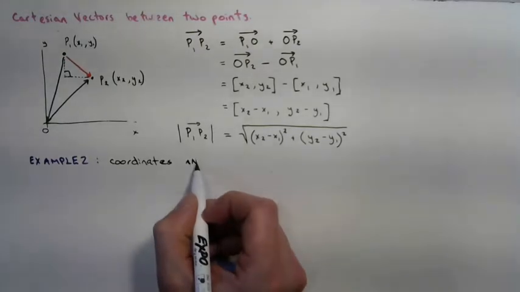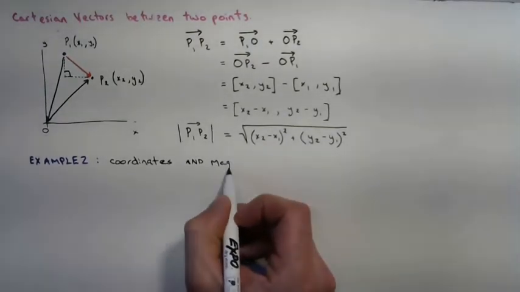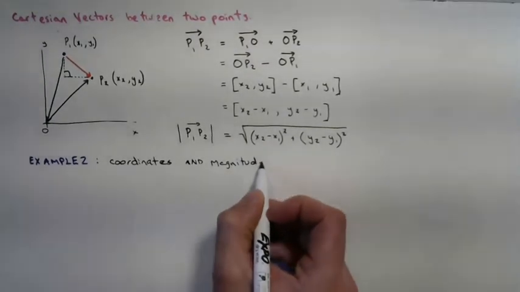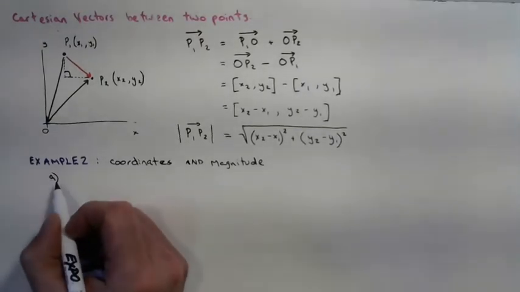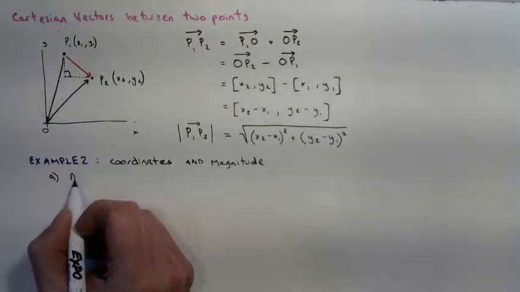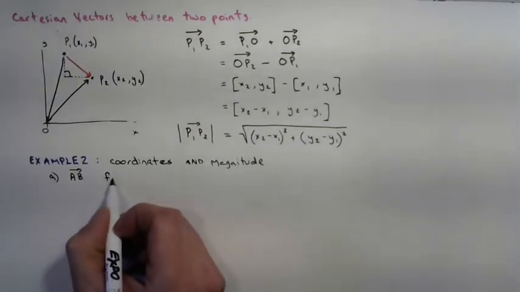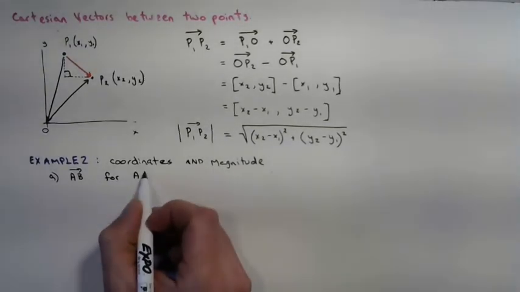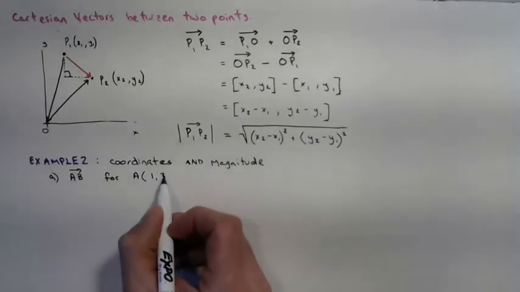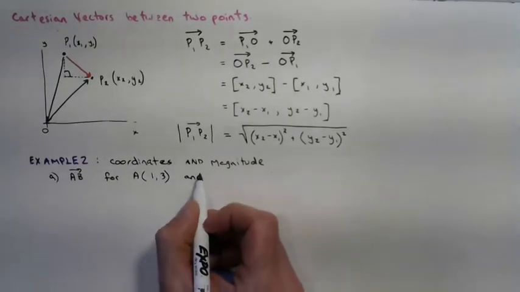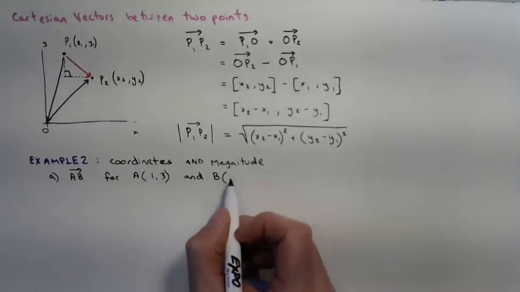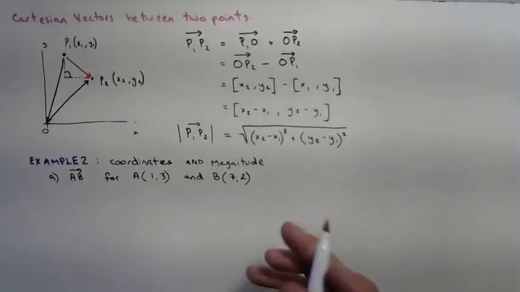There's going to be 3 of them. In A, we're taking vector AB, where A is at the point 1, 3, and B is at the point 7, 2.